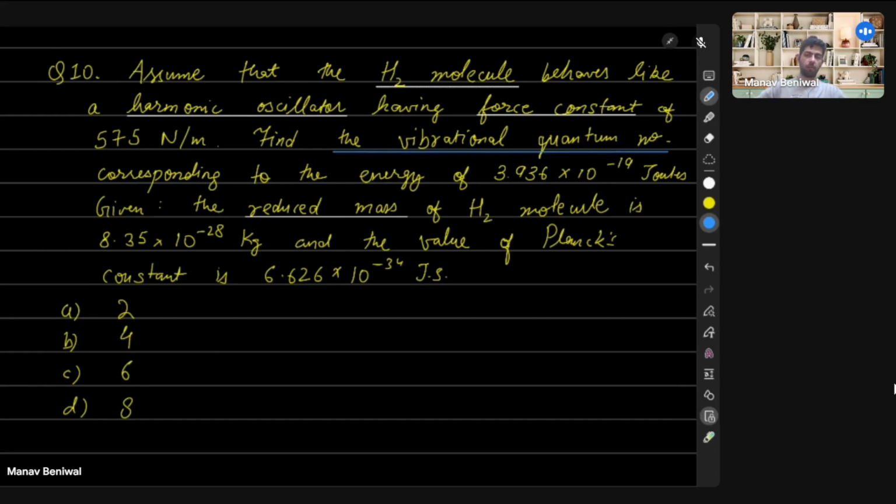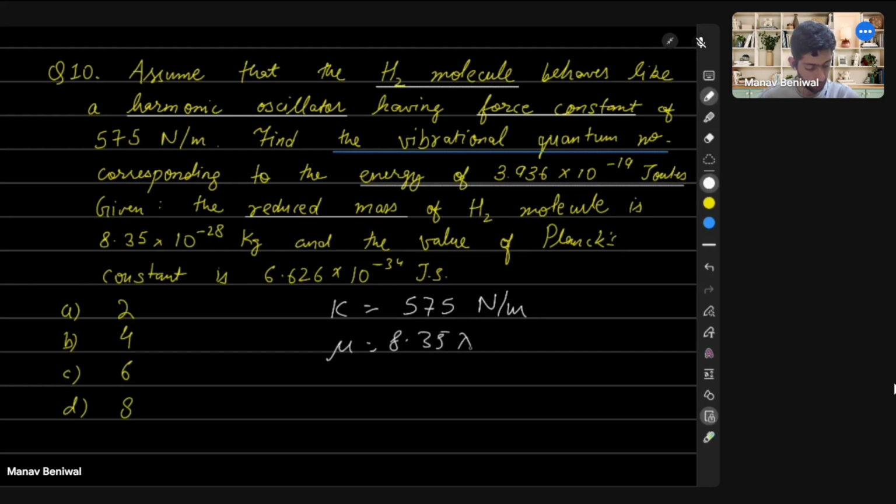In the last problem we were given V and we were required to calculate the energy. Here we are given the energy, which corresponds to V. So let's write down what we are given. First of all, K is 575, mu is 8.35.